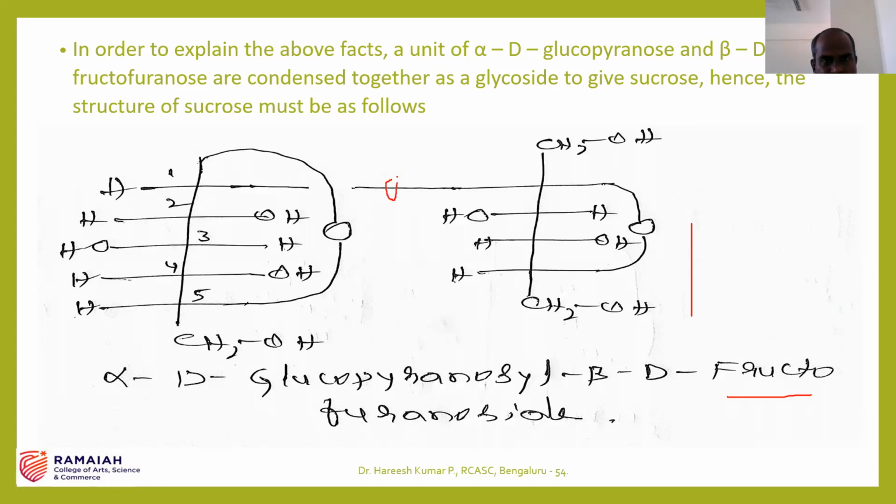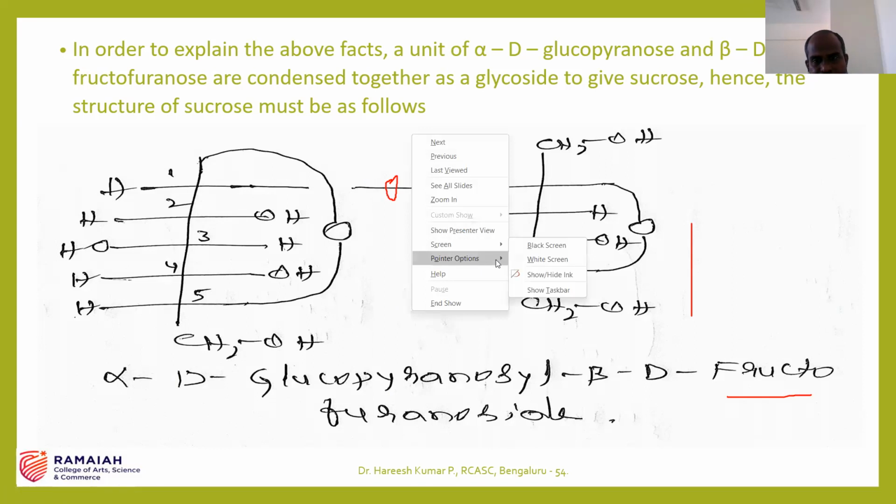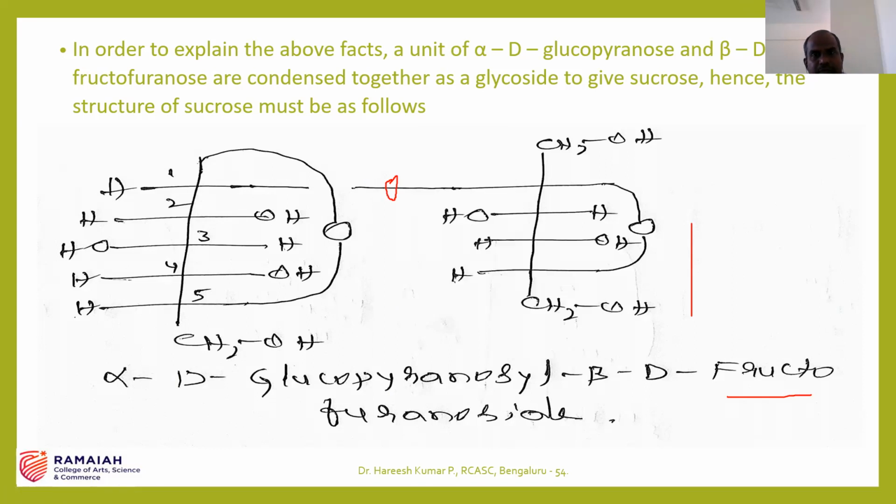So here a glycosidic linkage is there, with an oxygen. That means this is a glucopyranose, and this is the fructofuranose. These two are joined and form a disaccharide.